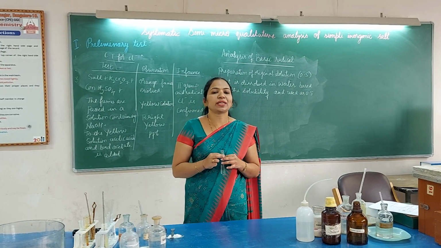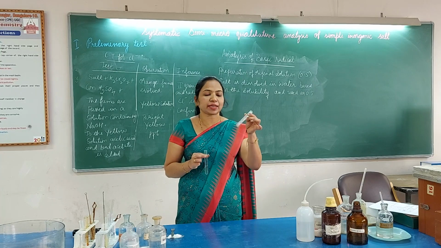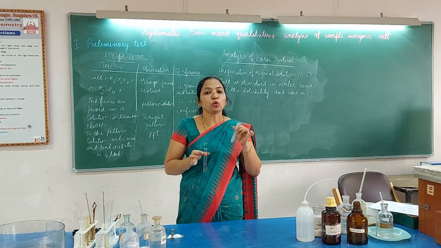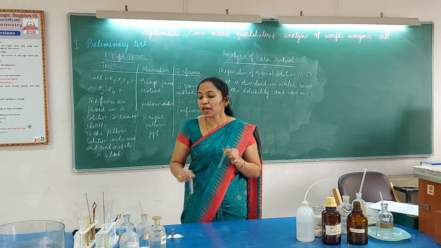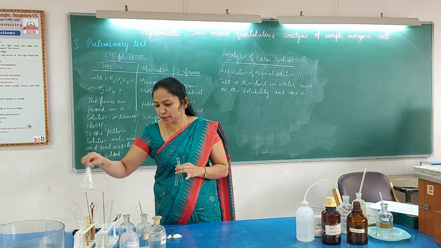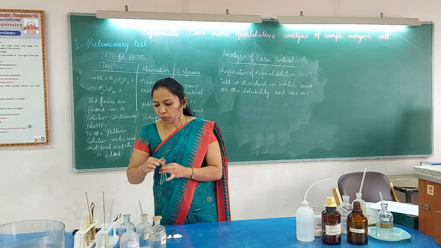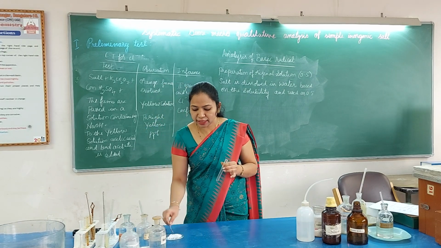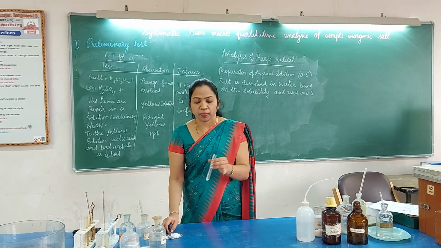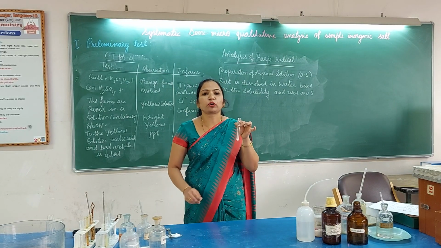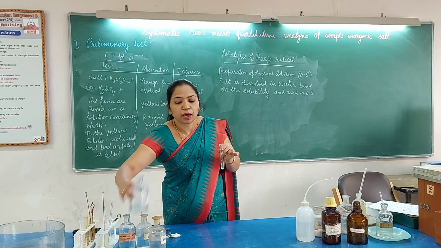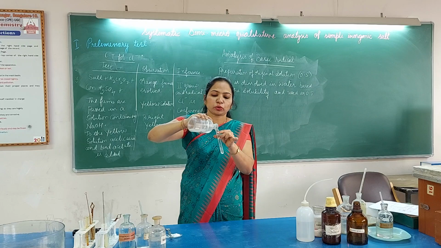The first test is not with the original solution. You have to take the salt for the 0th group and then perform the test. So I will take the salt, and to this salt I am going to add NaOH solution. So salt plus NaOH solution.